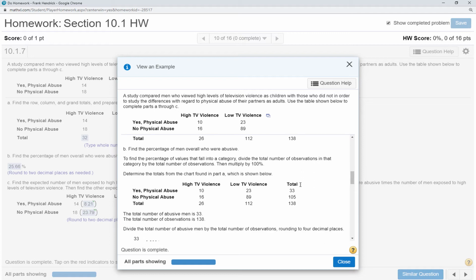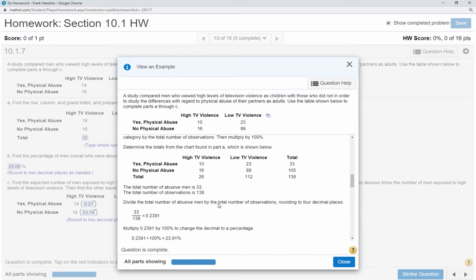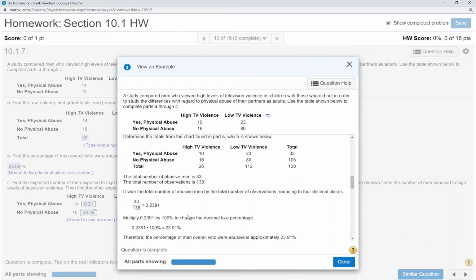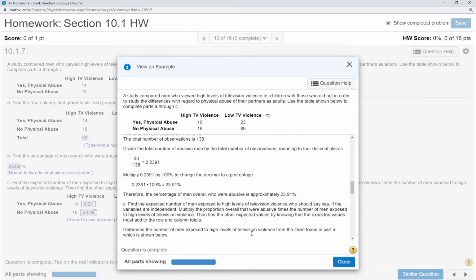The number of abusive men is 33. The total number of observations is 138. So that gives me 0.23. To get it to be a percent, it's 23%.